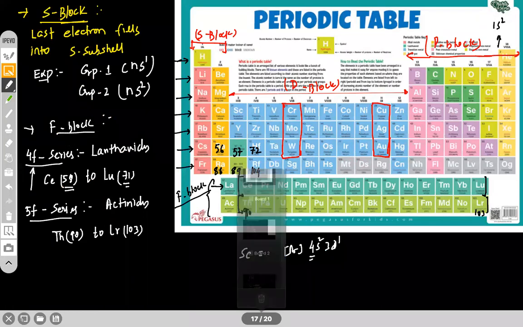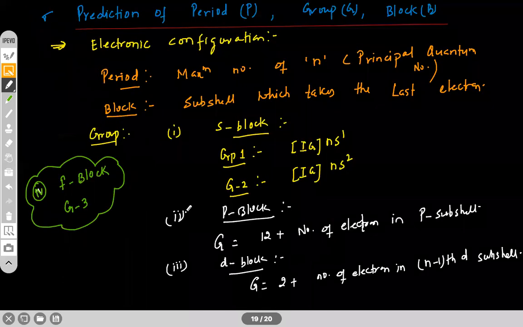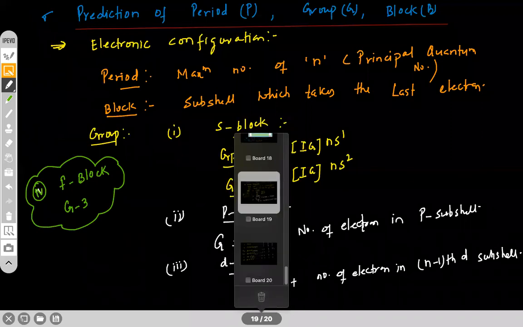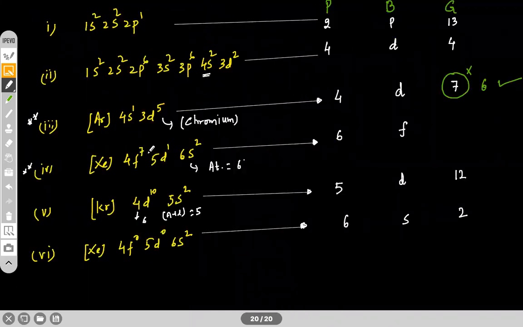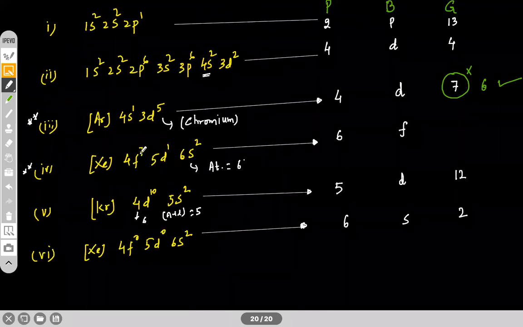Now the question is why we have 5d1 configuration here, because the f orbital can accommodate 14 electrons, so why does one electron jump into 5d? Again, the same reason: 4f8, 5d0, 6s2 is not the stable configuration. You see, 4f7 is the half filled configuration like 3d5. To get this configuration, one electron jumps into 5d and the configuration is this. So this one is F block elements.